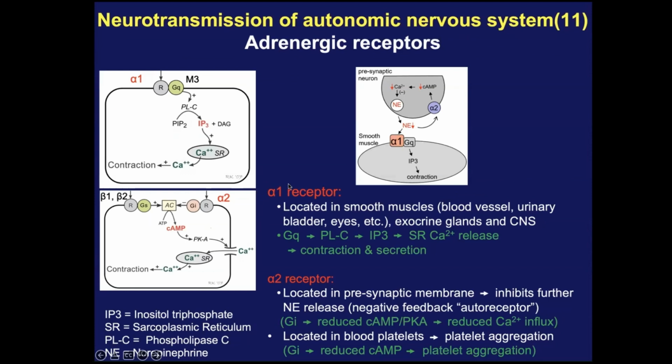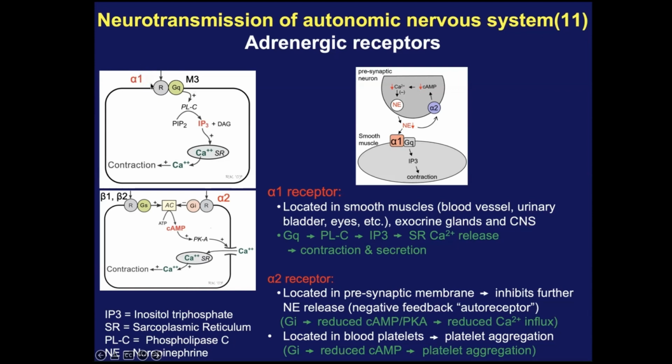The alpha 1 receptor, as shown here, is located in the cell membrane of the smooth muscle, for example, in blood vessel, in the urinary bladder, and also in the eyes, in the iris muscle. The receptor is also expressed in the exocrine glands and in some neurons found in the CNS.